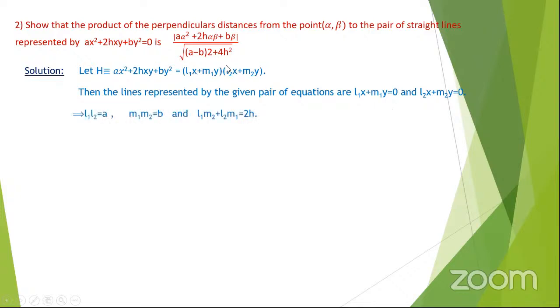Now, if you multiply these two, what will we get? We will get L1 L2 is equal to a, M1 M2 is equal to b, and L1 M2 plus L2 M1 is equal to 2h.